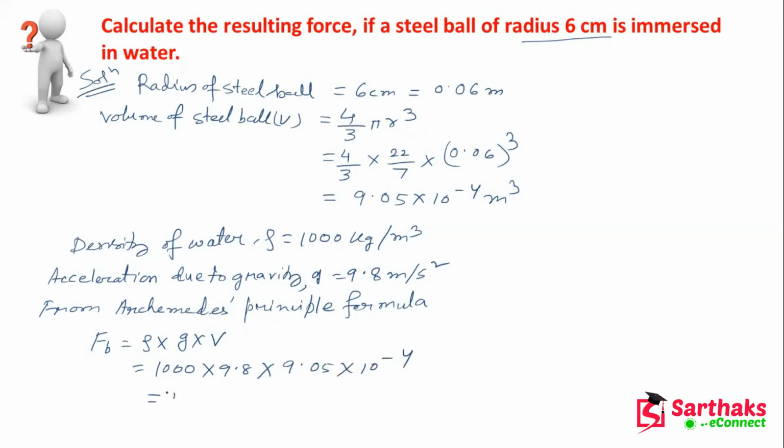So this will be 8.87 Newton. Okay, and this is the answer. So this is the resulting force that is acting on the steel ball.